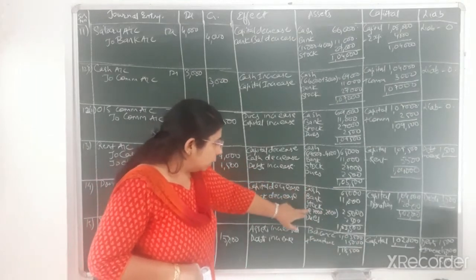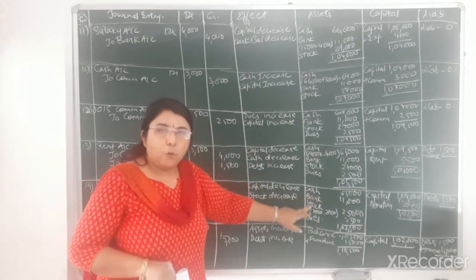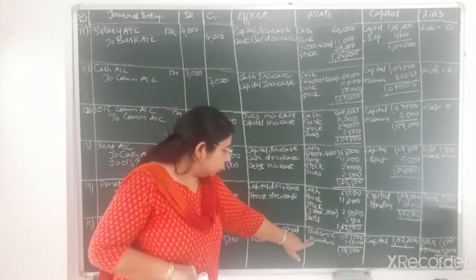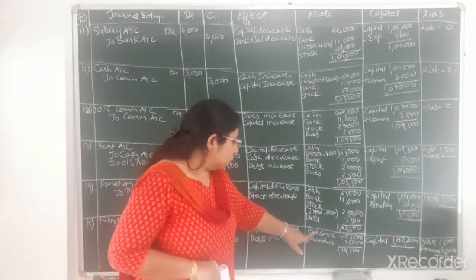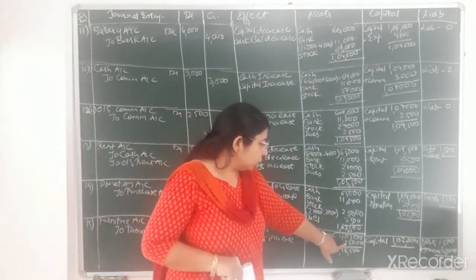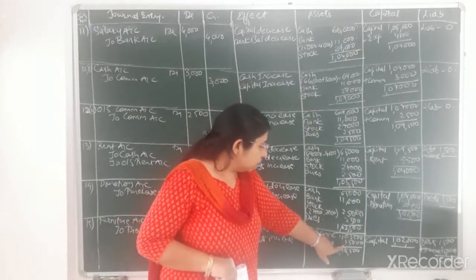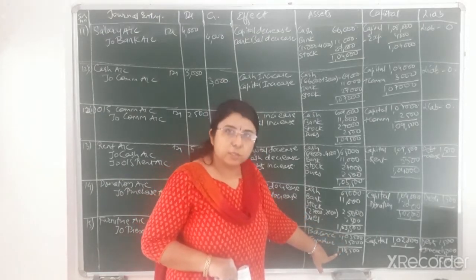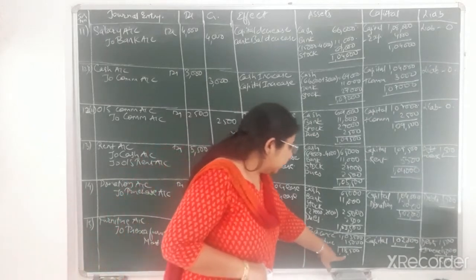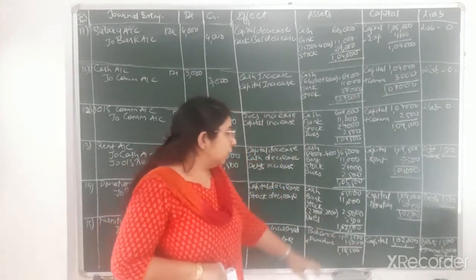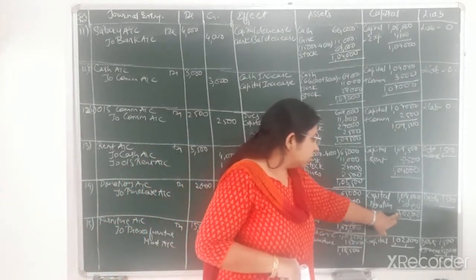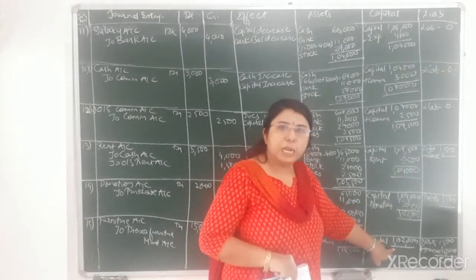Now students, I have not written over here each and every detail of all the assets, I have just added the new asset, that is furniture. So 1,03,500 plus furniture, that is also one of the fixed assets. So 1,03,500 plus 15,000, the total balance of assets would come to 1,18,500. Now in case of capital there would be no change, so as it is from the previous transaction, that is 1,02,000.